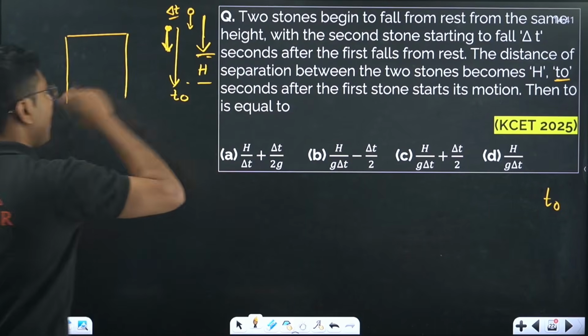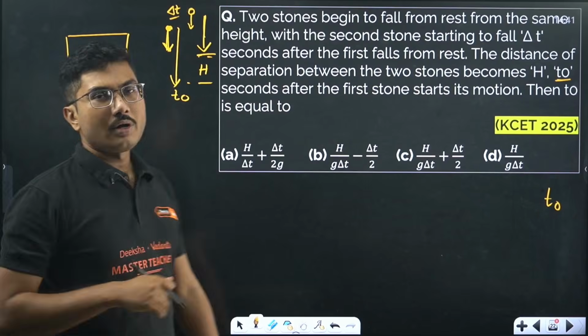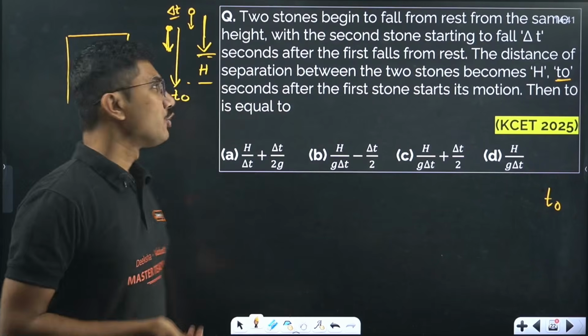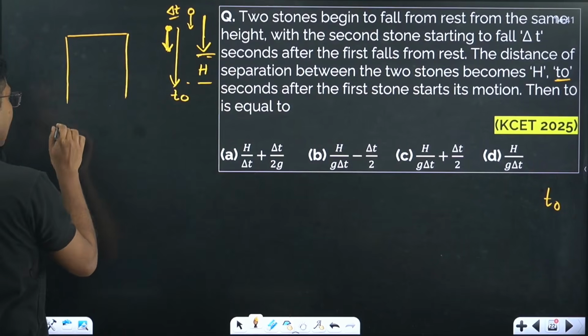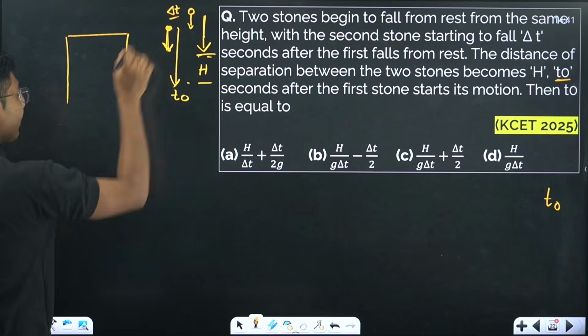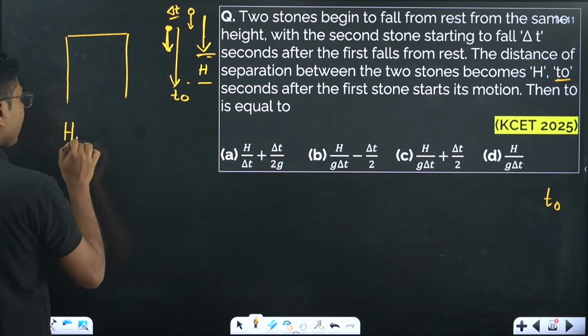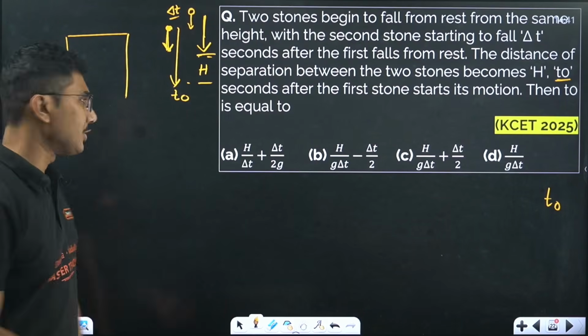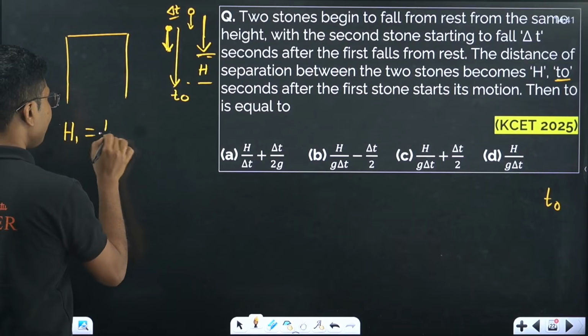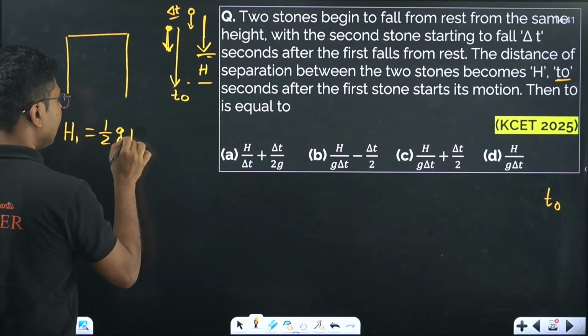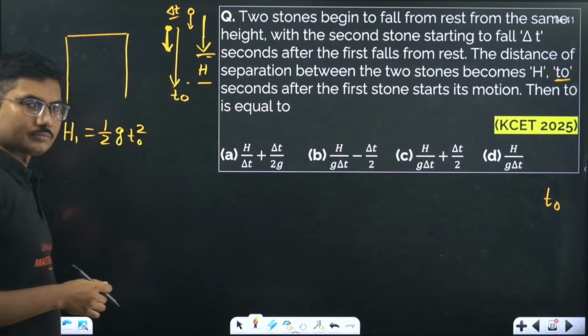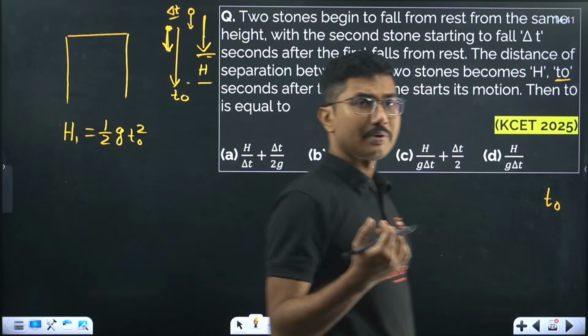Obviously when you drop the first stone, it started from rest. So what is the total distance traveled by the first stone, say H1? It is given by half g t naught square. This is the total distance traveled by the first stone.